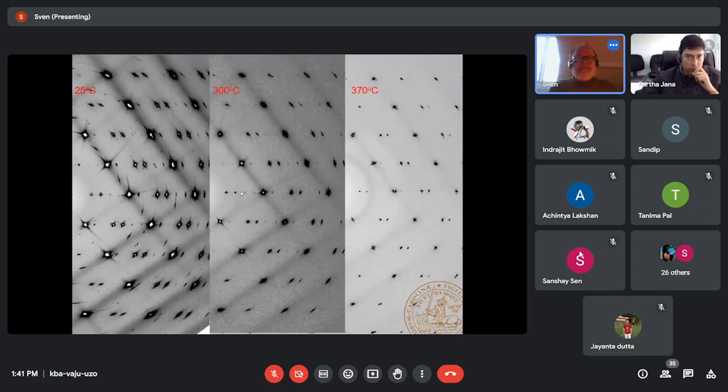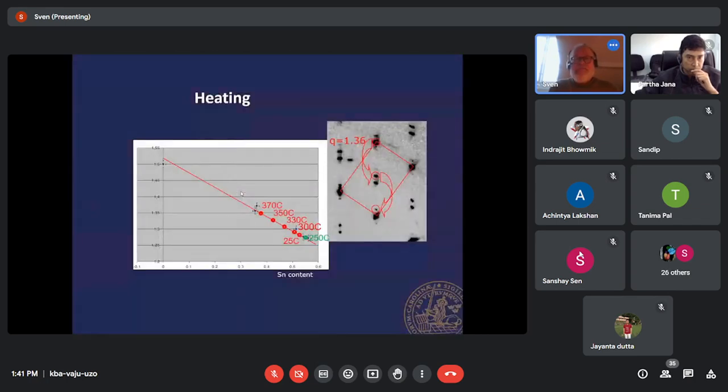As we heat it, the only thing that happens is that the position of the satellites changes to a very small extent. And we know from previous experiments that this just means that we have a change in composition. So what we can see is that as we go from room temperature and upwards, we are losing tin from the structure.